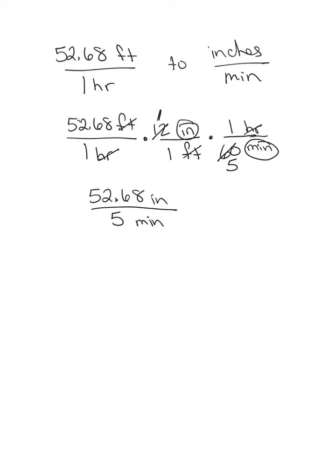Well, we want to know inches per minute. So we've got to reduce this even more. And when you reduce this, it would come down to 10.536 inches per minute. And that's how you'd write it, inches, this is really an I right here, per minute.